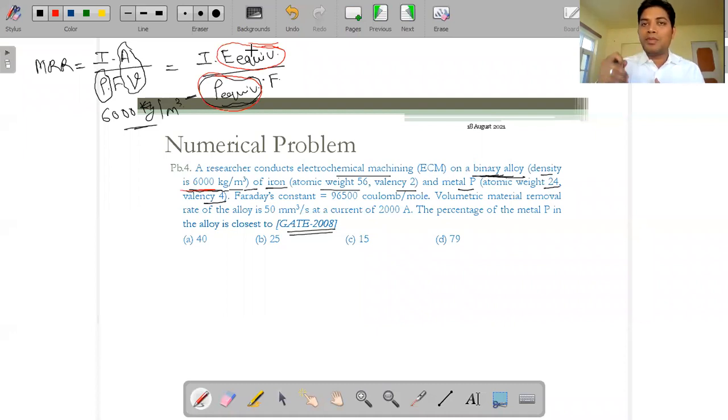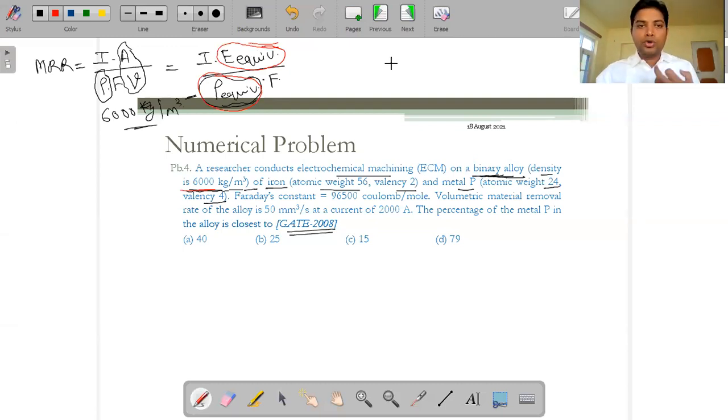Nobody can tell these, because all of you are aware of the periodic table, so for whatever elements are there, we can define the atomic weight and valency for those only. If we make another binary alloy or tertiary alloy or any kind of alloy, then the atomic weight and valency cannot be defined, because there is nothing available for that. For individual elements, we can define the atomic weight and valency, okay guys.